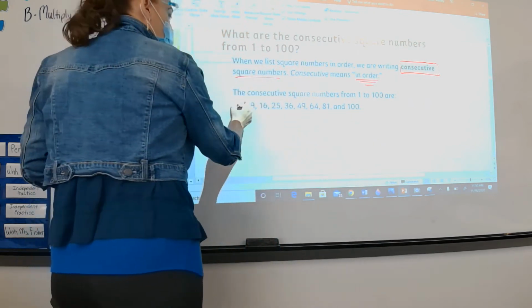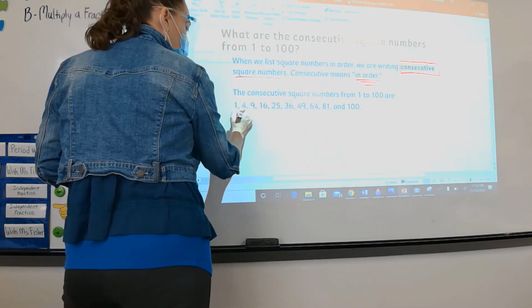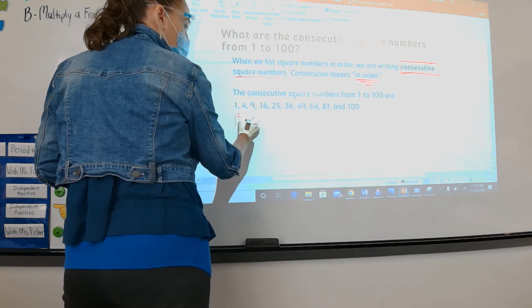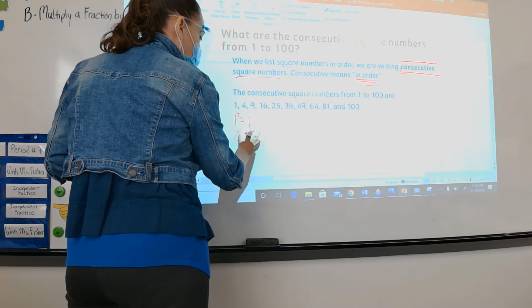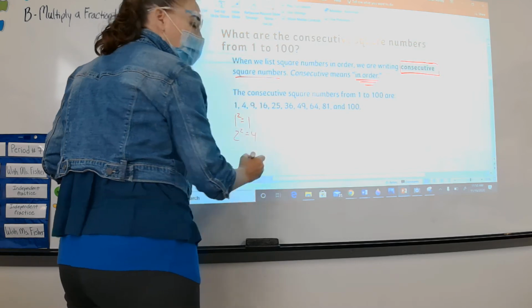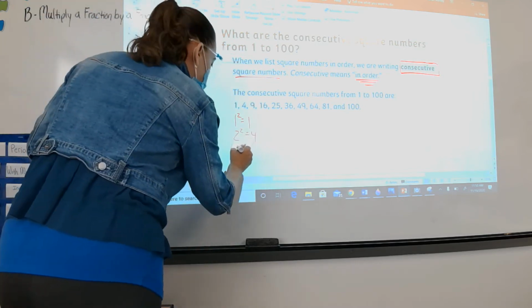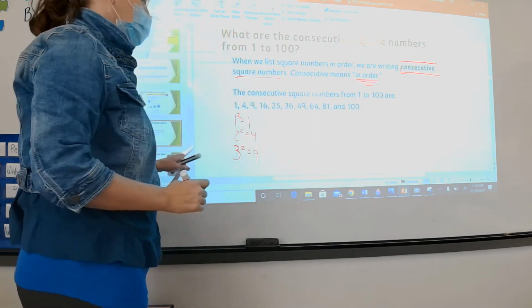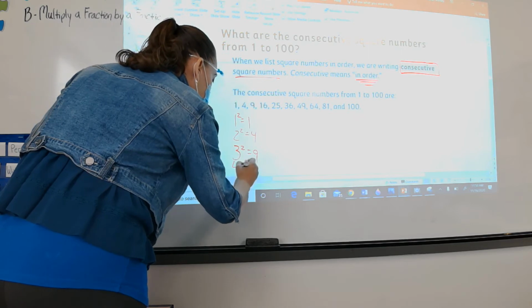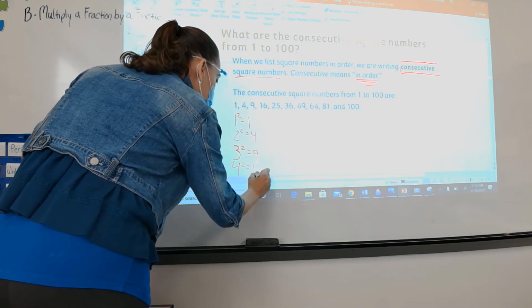So this is really 1 squared equals 1. 2 squared equals 4. 3 squared equals 9. 4 squared equals 16.